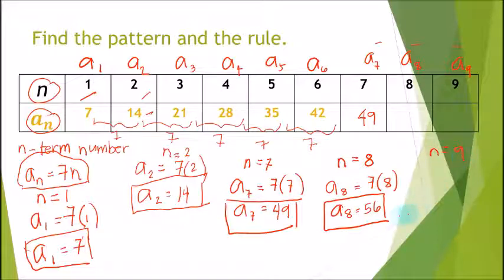We're looking for our 9th term, that is 7 times 9, which is a sub 9 equals 63. So therefore, our seventh term is 49, our eighth term is 56, and our ninth term is 63.